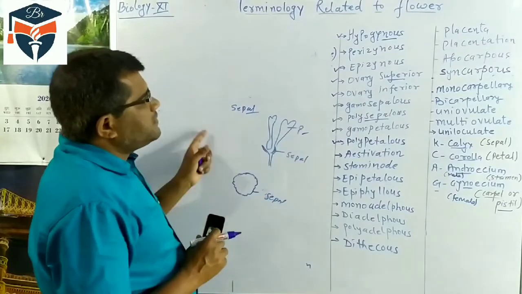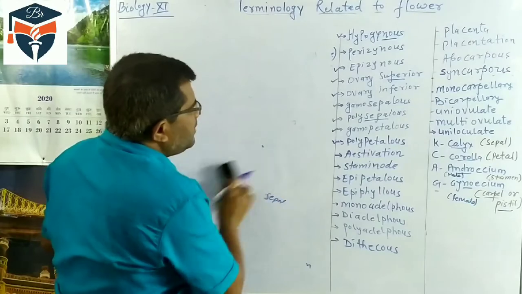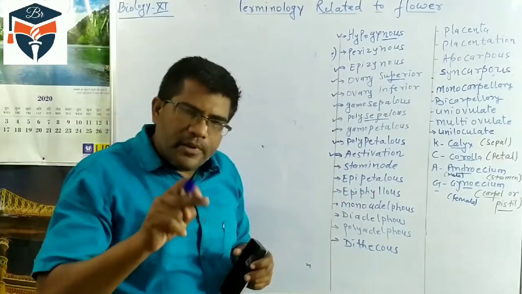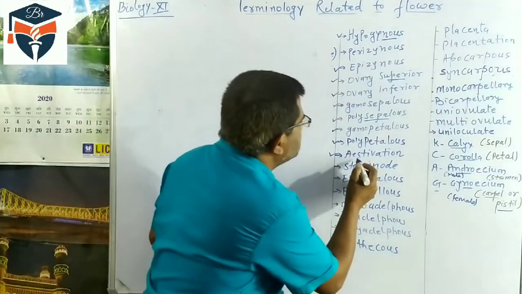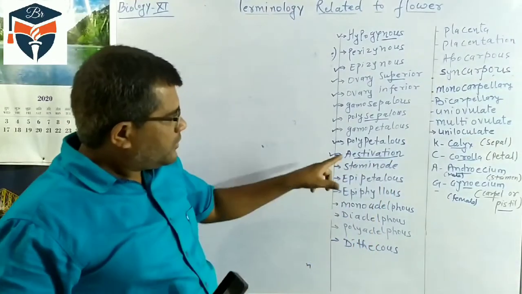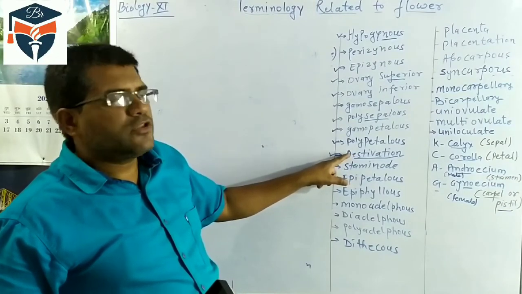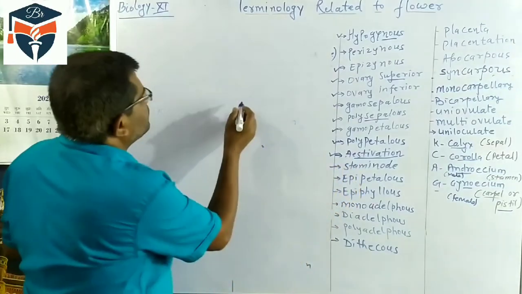So, gamosepalous and polysepalous. Now, what is the arrangement of the sepals and petals? How are the sepals and petals arranged in the flower? It is called estivation. The arrangement of sepals and petals is called estivation. Another, as I told you, is the stamen.